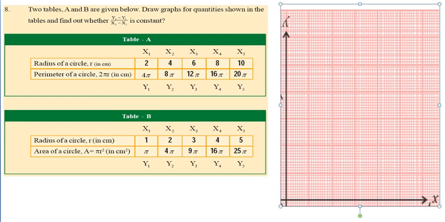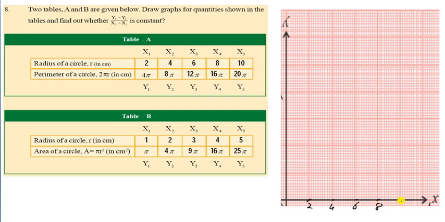Let us see in the graph paper what will happen in this graph. So you can see here on the x-axis there is 2, 4, 6. Here we can plot 2, 4, 6. It is 2, this one is 4, and it is 6, and this one is 8, this one is 10, and this one is 12.